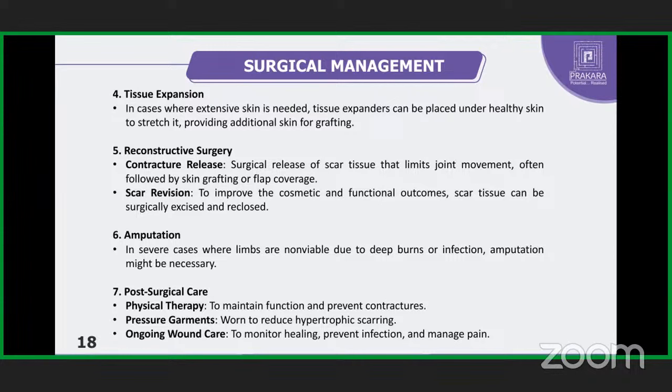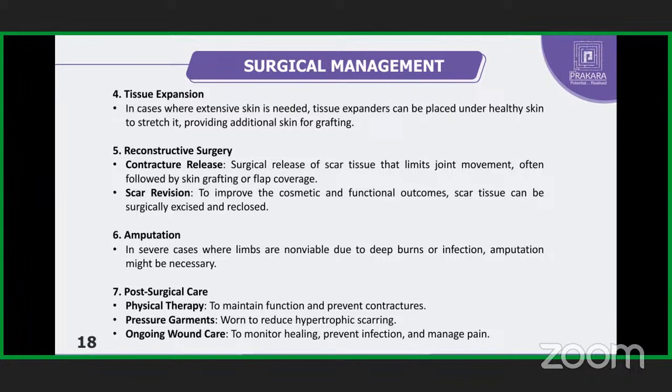That is contracture. So what happens due to contracture? There is joint mobility dysfunction. The patient is unable to perform day-to-day activity due to these contractures. So what do we do for this contracture? For reconstruction, you release the contracture which is hampering the joint movement, followed by skin grafting or flap.